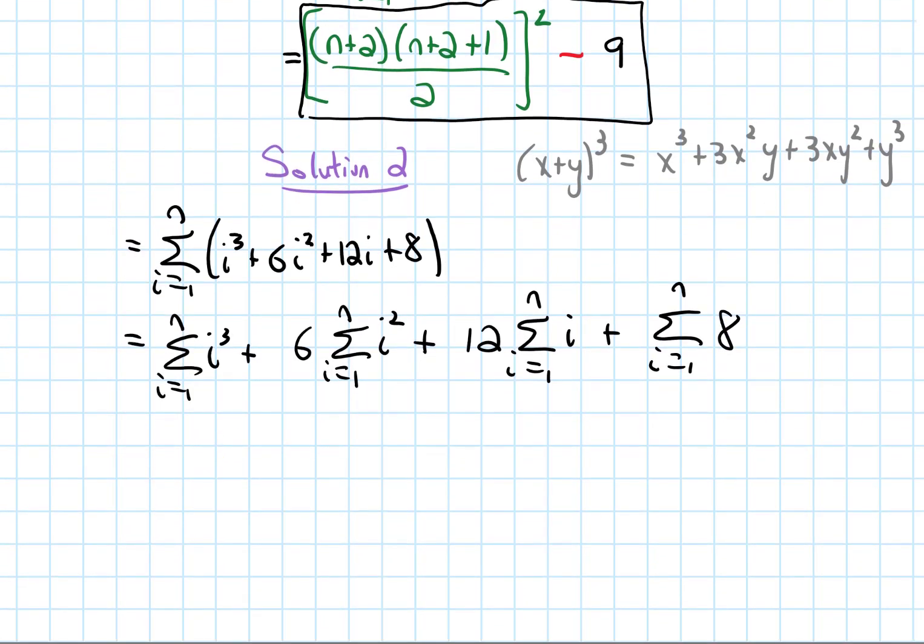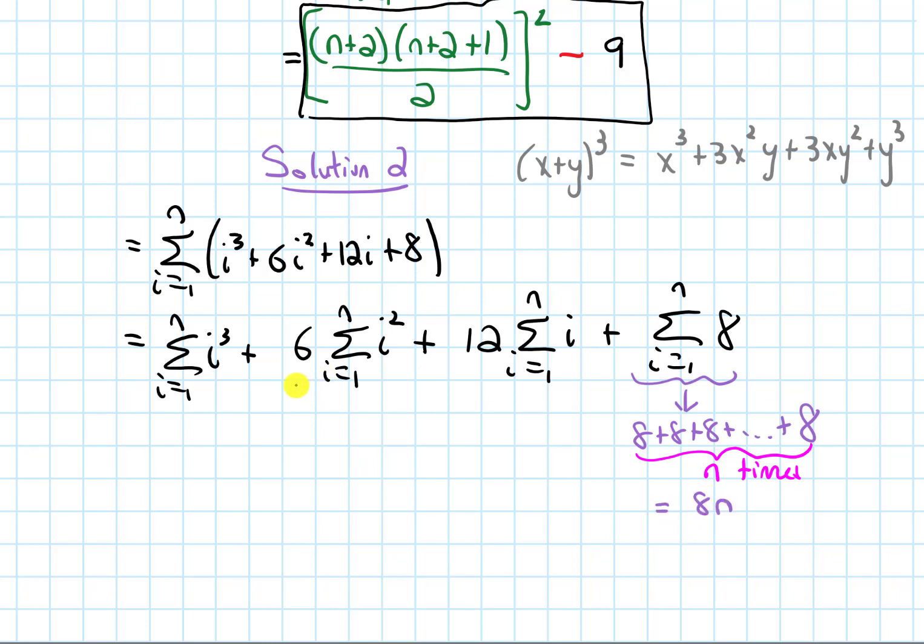Okay, so I'm going to talk about how to do a couple of these terms, and the rest I'll leave for you. This sum here just means 8 plus 8 plus 8 plus dot dot dot plus 8, and we're adding that by itself n times. So that will give us 8n.